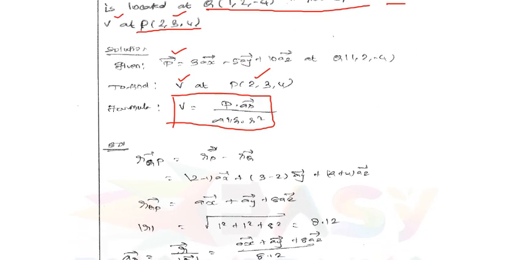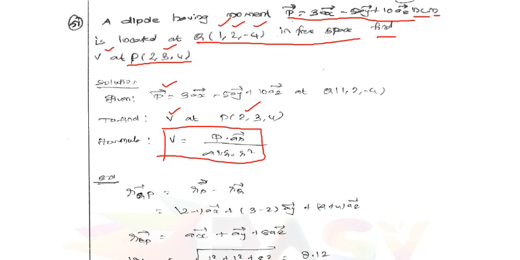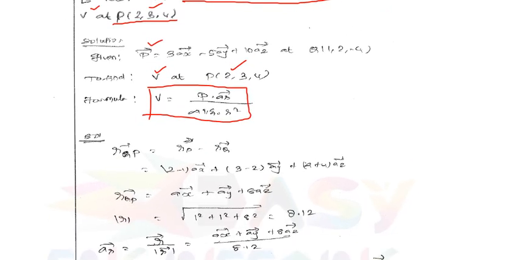So first, the located point is Q, and we want to find P. So RQP, that is the position vector, is given by RP vector minus RQ vector.